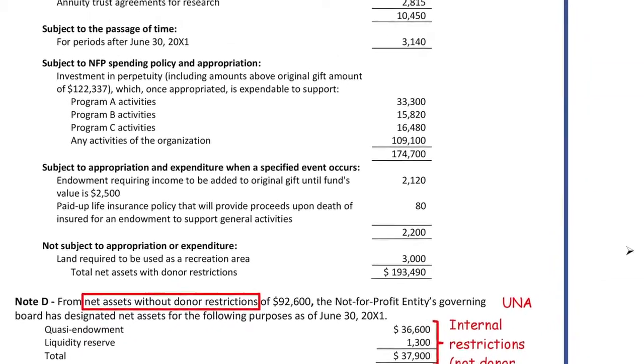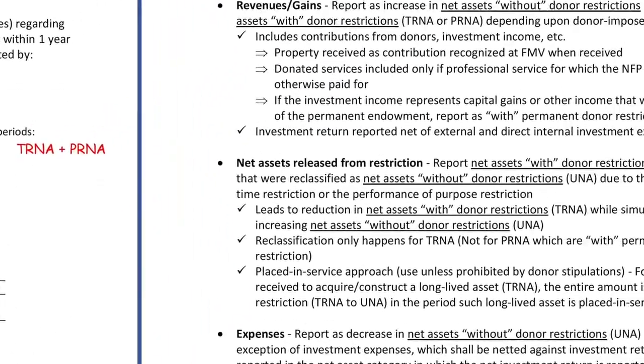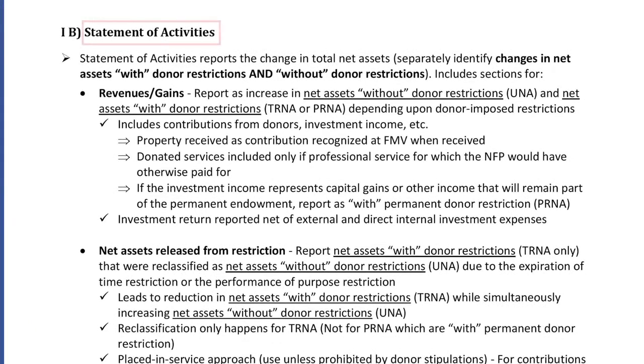Now to page 47, where we've got, put a box around statement of activities, which is comparable to the income statement that we have for for-profit organizations. So on the statement of activities, you're going to have the top line revenues or gains. So that's increase in UNA, TRNA or PRNA.